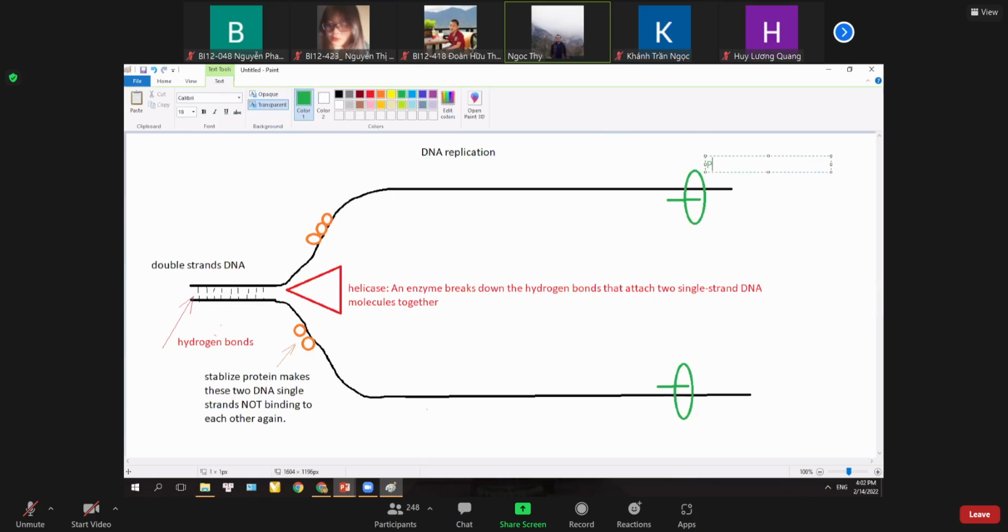Primase. RNA primer. And remember, this primer is RNA, okay? It's not DNA.